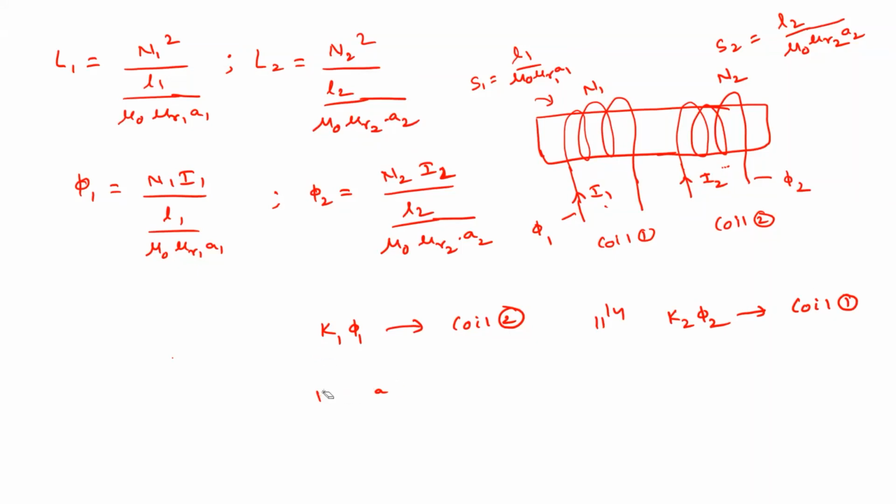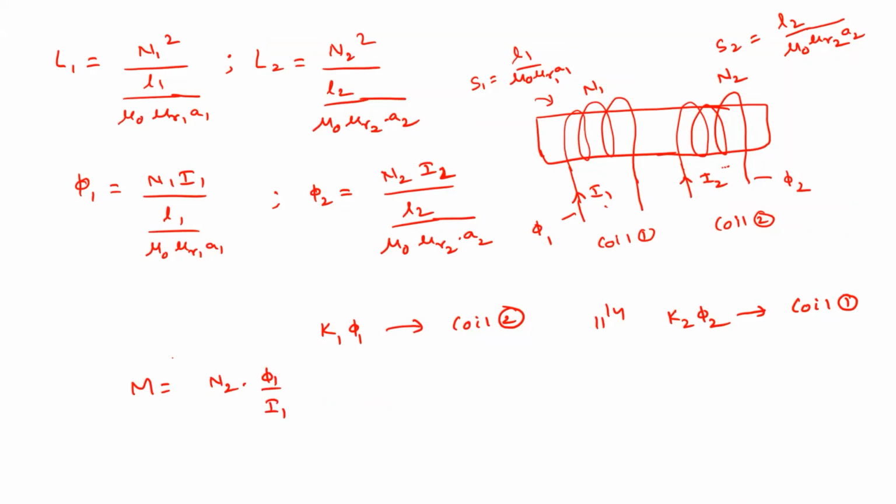Now you define mutual inductance M. What is the original formula for M? The number of turns, for example N2 into phi1 by I1. This is the original formula.